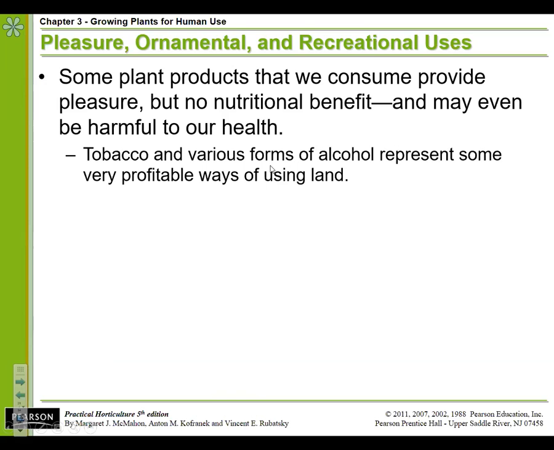Some of them are even harmful to our health, like tobacco, for instance. Not saying you shouldn't grow tobacco. It's a very important cash crop. But as we know, it's very harmful to your health, right? So alcohol, same way. And in some cases, some doctors say that alcohol is good for you in moderation, but in large doses, of course, a toxin, a poison.